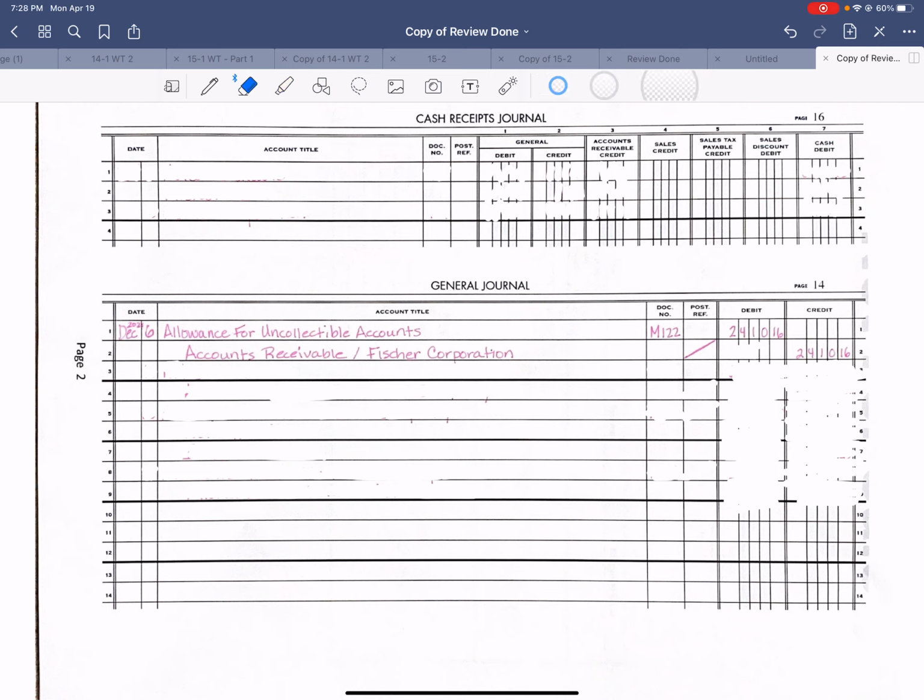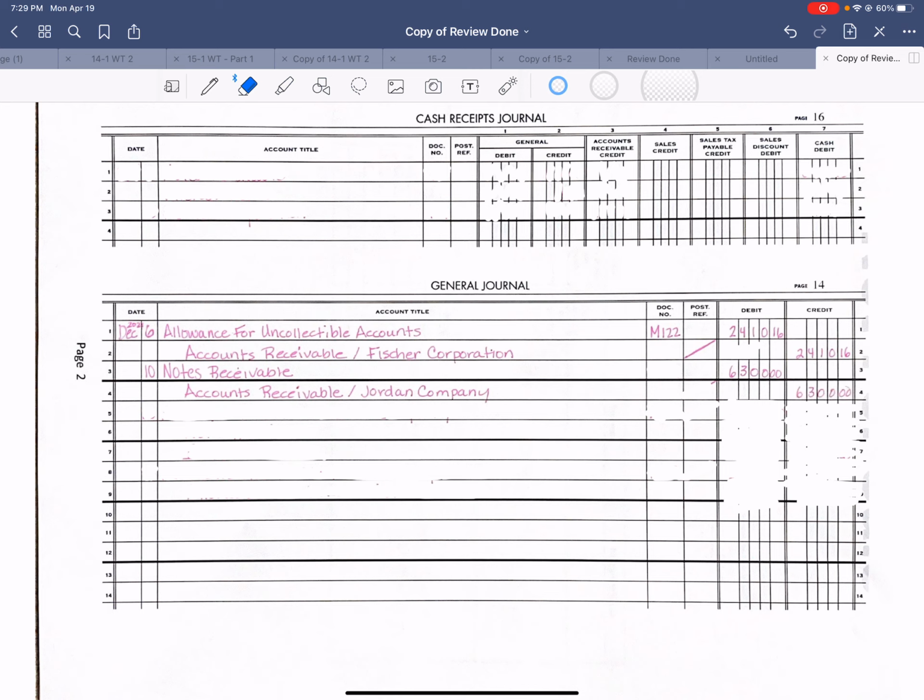Okay, what you should have had is on the 10th, we are going to debit notes receivable for the amount of the note, $6,300. And we will be crediting accounts receivable, Jordan Company, for the same amount.